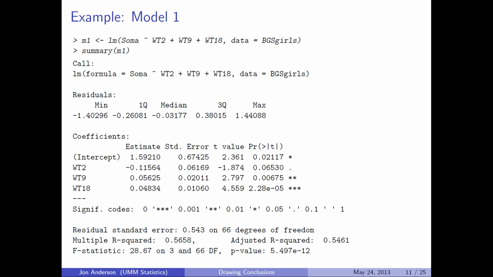And here's an illustration of the trouble. We're going to have a model where we're going to use the weight variables to explain somatotype, and take a look at this weight at age 2 variable. Number 1, it's got a negative coefficient, which is very disturbing because we see that heavier weights at age 2 ought to be related to higher values of somatotype.